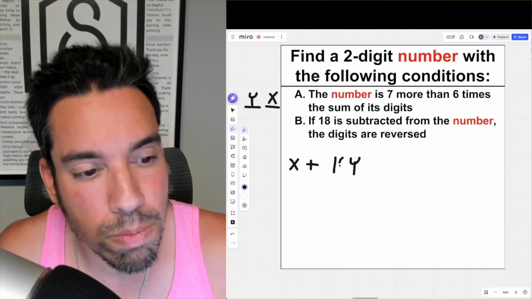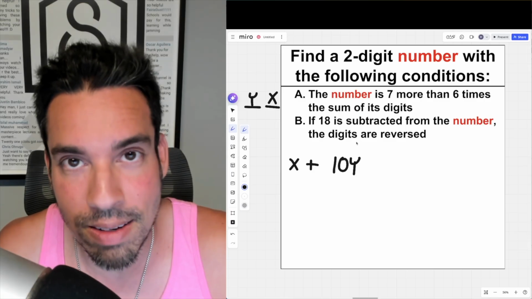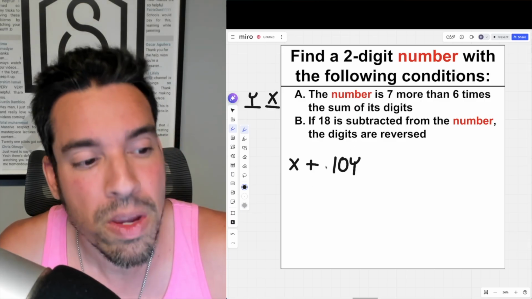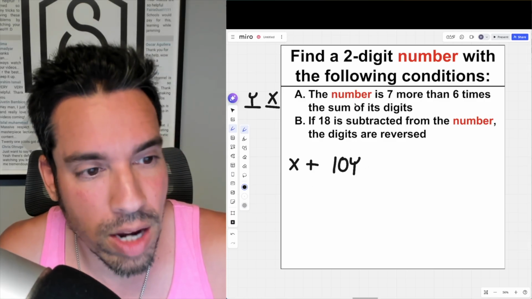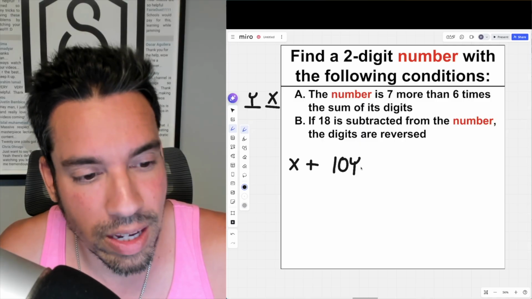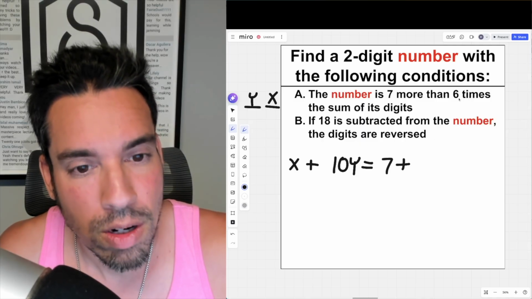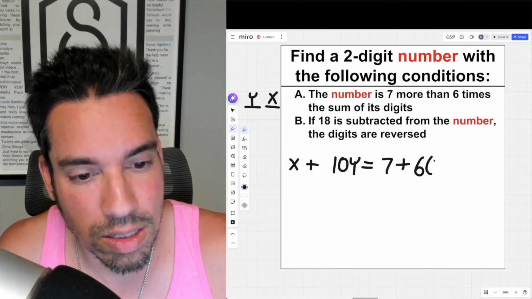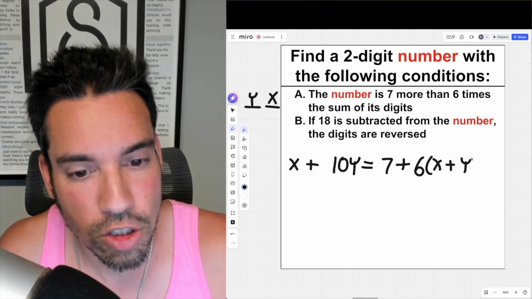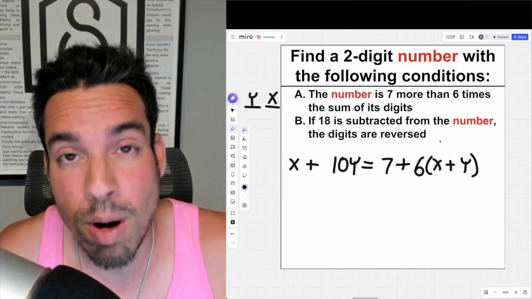But if I multiply the tens digit by 10, I get its real value, 20. So now I've got X plus 10Y that represents the number. When I see the word is, that's an equal sign. 7 more than 6 times the sum of its digits. Well, now I have an equation representing this situation.